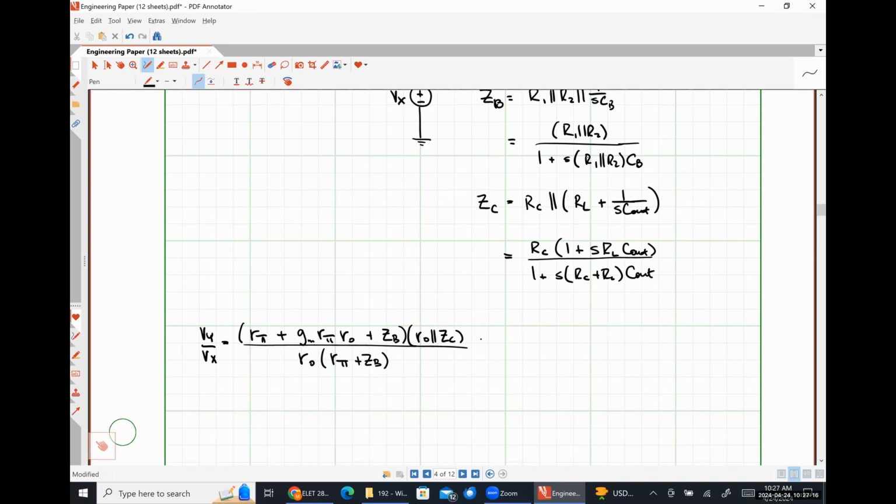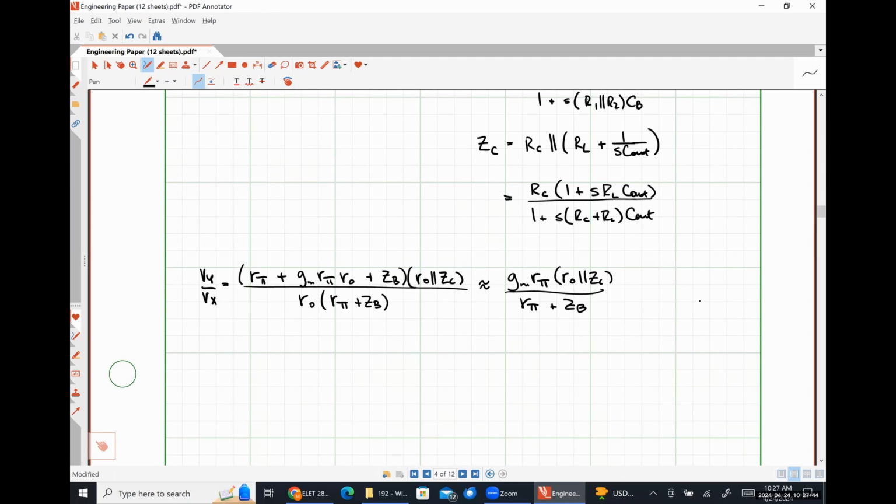So in 335, we found that this big ugly thing was approximately equal to GM R pi times R naught in parallel with, I'm just going to substitute in here ZC, divided by R pi plus ZB.